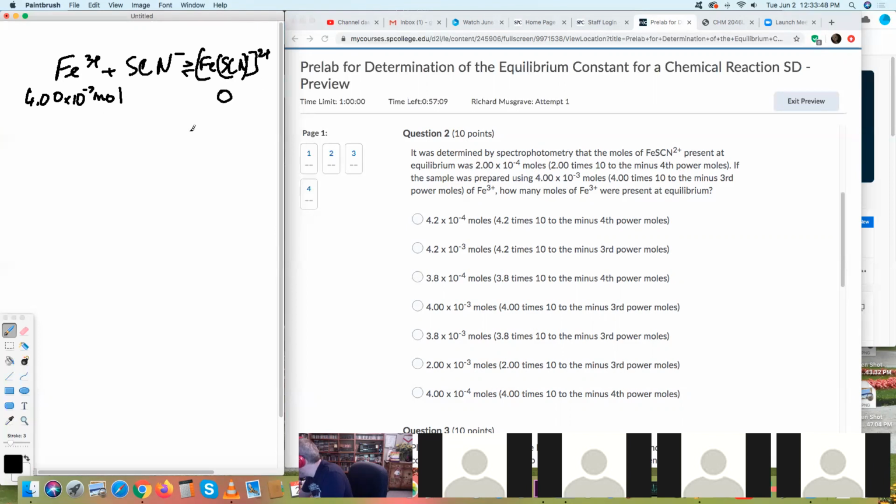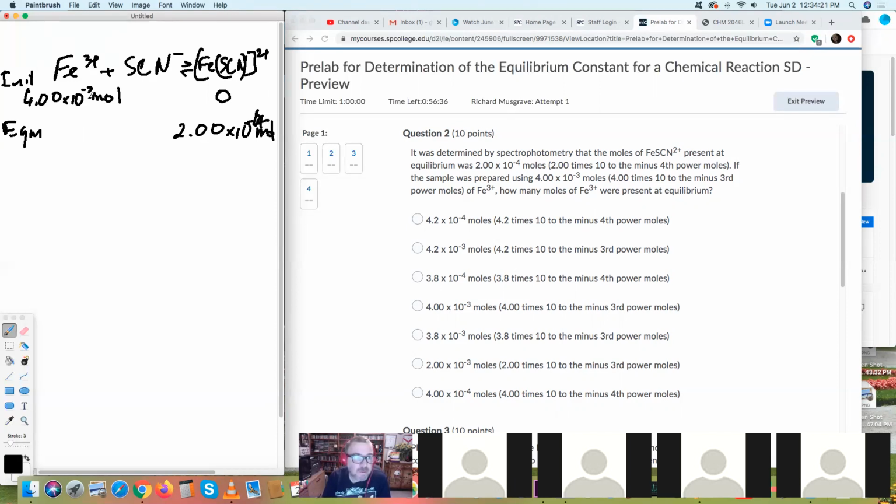So initially there would have been that. And at equilibrium, it was 2.00 times 10 to the negative 3 moles. You can see it's a 1:1 process. So what that would mean is that if this is the amount that was produced, the difference between these, there should actually be 2.00 times 10 to the negative 4, yeah.